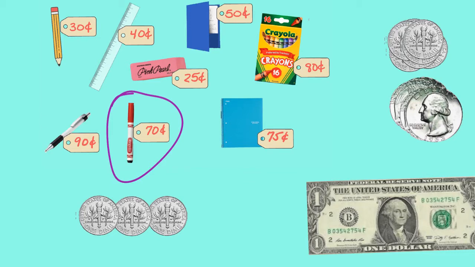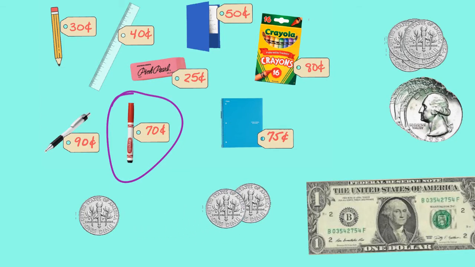So the way I can check this is we count up from 70 cents. The price of the item was 70 cents. So let's count back the change to make sure we give the right amount of change for the $1. So we start at 70 cents, 80, 90, $1.